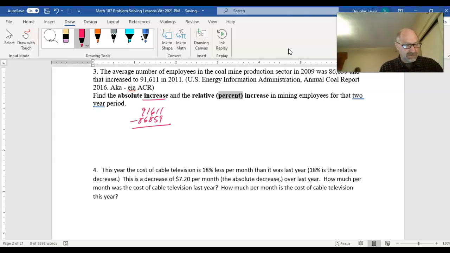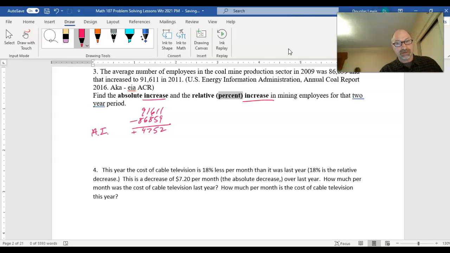So 91,611 minus 86,859, and that's just 4,752. So that's the absolute increase. I'll just put a plus there. AI, absolute increase.